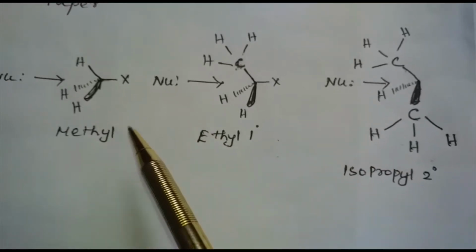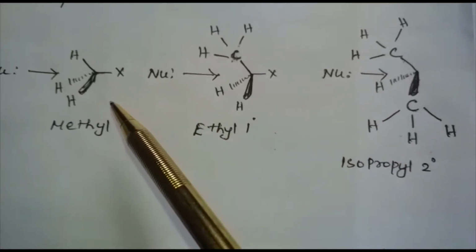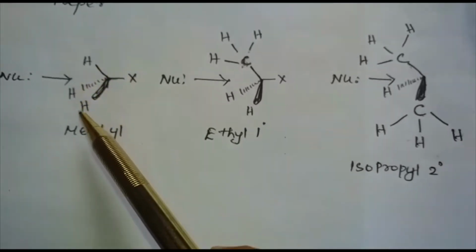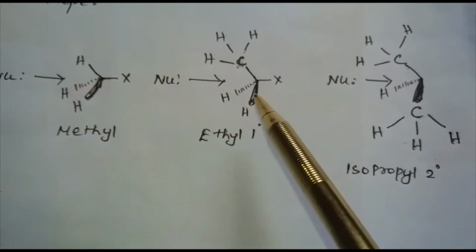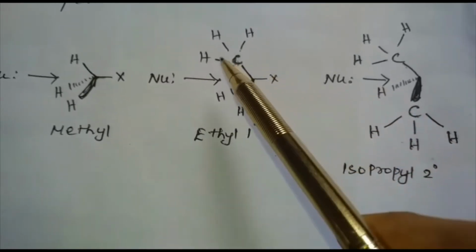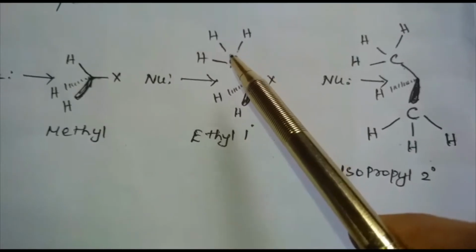In the structure of methyl, the SN2 mechanism is highly favored because of the presence of 3 small hydrogen atoms. Next comes ethyl and then isopropyl and then tertiary butyl. Here we are having a bulkier group, that is CH3.